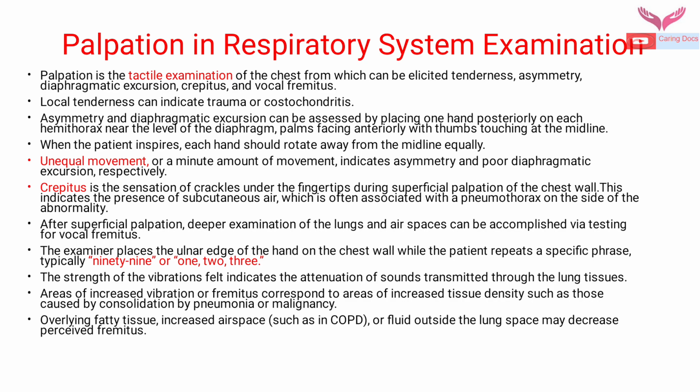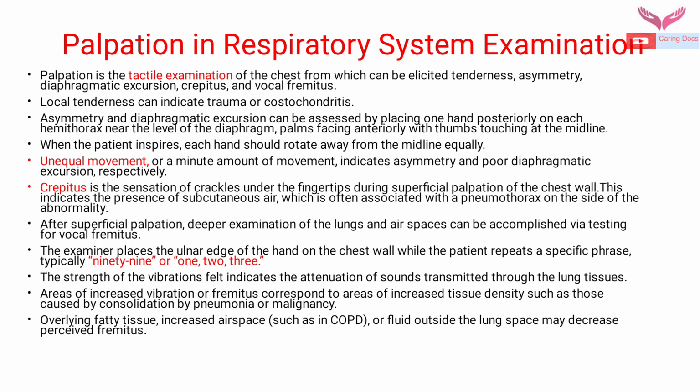After superficial palpation, deeper examination of the lungs and the air spaces can be accomplished by testing for vocal fremitus. The examiner places the ulnar edge of the hand on the chest wall while the patient repeats a specific phrase, typically 99 or 123. The strength of the vibration felt indicates the attenuation of the sounds transmitted through the lung tissue.